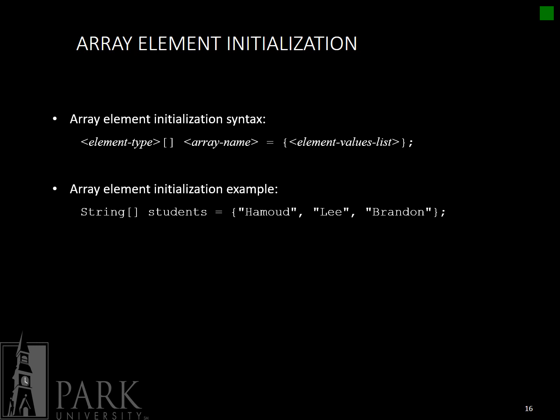Note that when you're initializing an array, you create an array object without using the new operator. So in the past, we would have to put new String, right, size, say 5. We don't have to do that when we're using the braces.